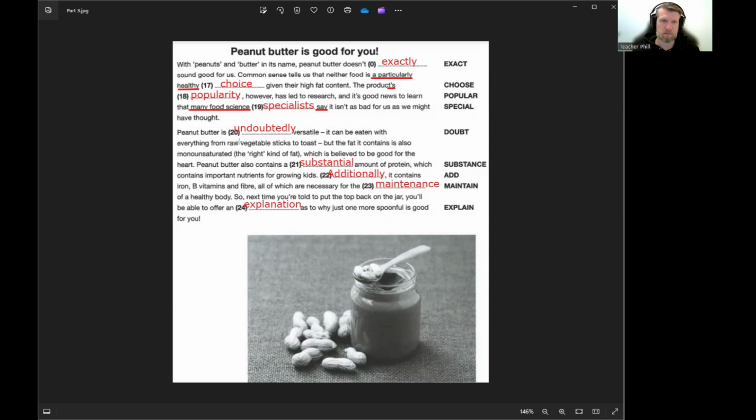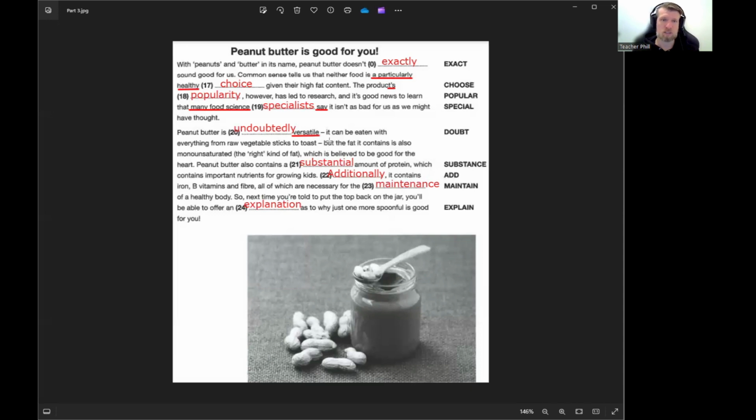Then in 20, here I chose undoubtedly. And the reason for that is that, first of all, we have here versatile, which is an adjective. And if we want to use a word that describes an adjective, we have to use an adverb. So that would be doubtedly in this case.